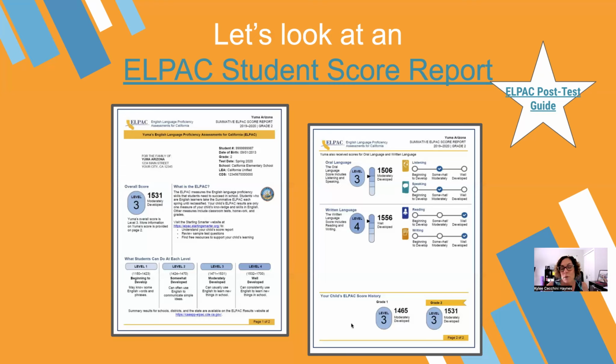Now, at the bottom here on page 2, it will list the history. So Yuma has taken this test one time before, in grade 1, and she was moderately developed, level 3, but you can see she has made some growth, right?